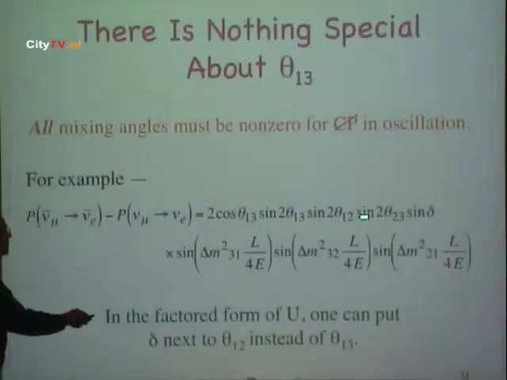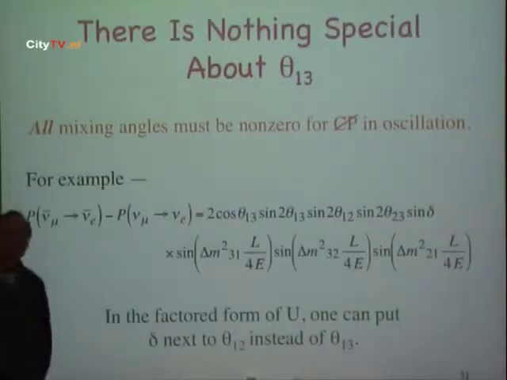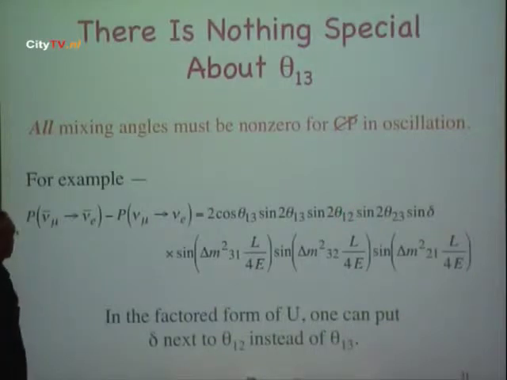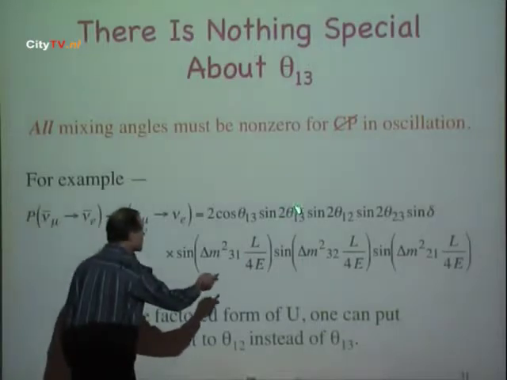However, this sine 2 theta 1,3 is approximately 1 experimentally. Theta 2,3 is about 45 degrees. This sine 2 theta 1,2 is a big number also. This angle is 34 degrees. The only thing we don't know is sine 2 theta 1,3.